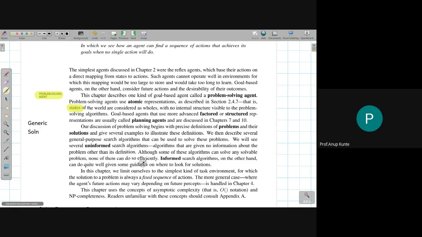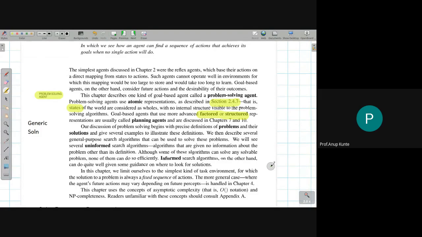Again, the goal-based agents that use more advanced factored or structured representation are usually called planning agents. Now, this thing we did not cover in the previous chapter. Section 2.4.7 is not in your syllabus, so I have not covered it, but I'll give you a brief about what they are talking about.